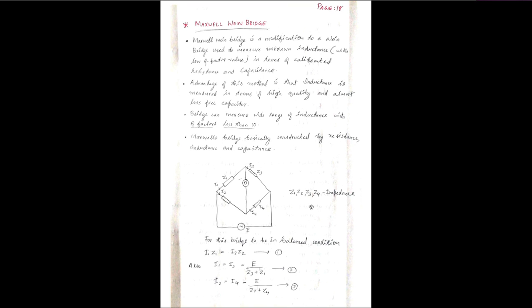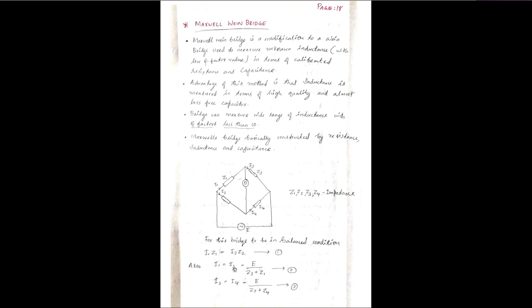Okay, so generally an AC bridge is shown here. You can see that instead of resistance and capacitance, we are taking impedances Z1, Z2, Z3, Z4. This is an AC bridge, and Maxwell's bridge is also an AC bridge. Okay, so for this bridge to be in balanced condition, I1 Z1 should be equal to I2 Z2, equation number 1, similar to what we saw in the Wheatstone bridge.